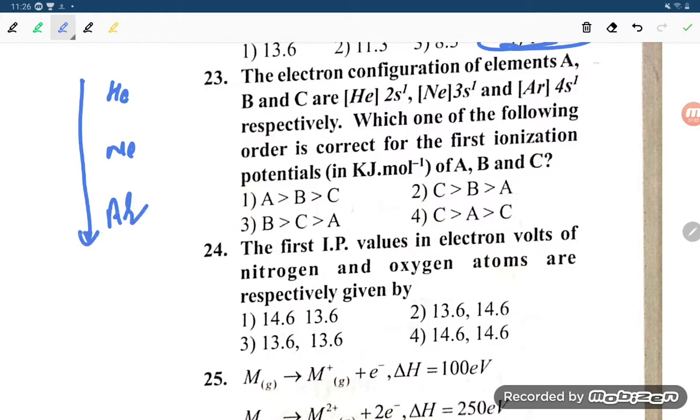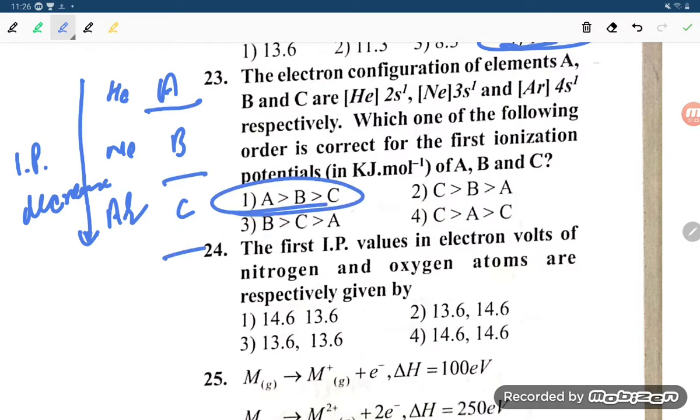Down the group, ionization potential decreases. So A, B and C are there. Which will have the highest? A, then B, then C. So the correct option will be option number 1.